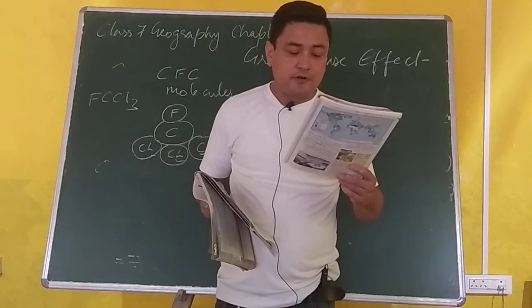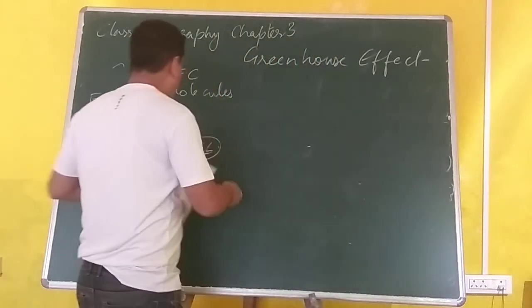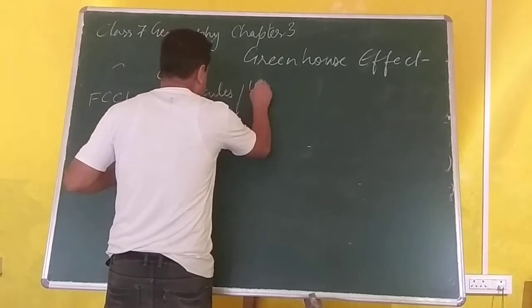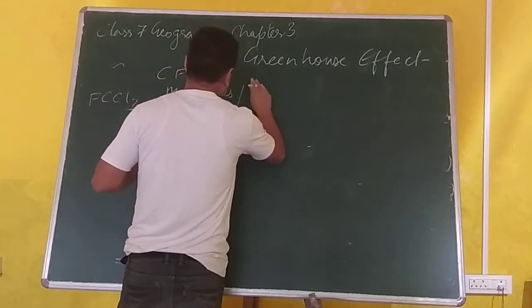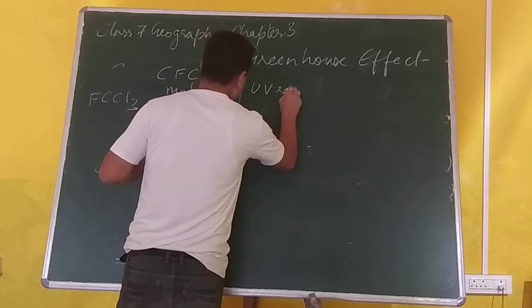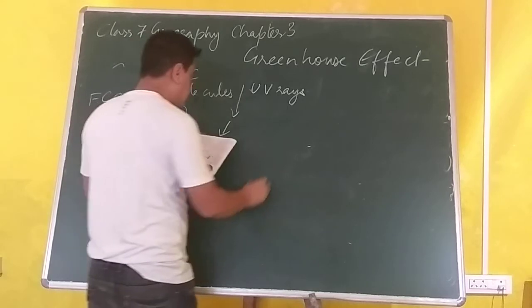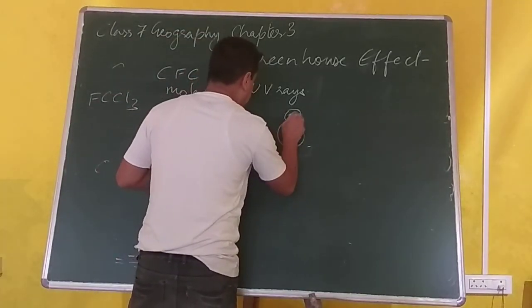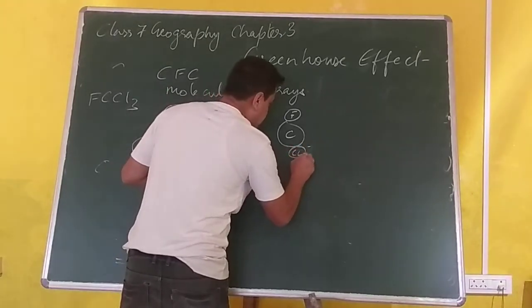The ultraviolet rays break it down and release a chlorine atom. So when the UV rays basically break the chlorine atom, this chlorine atom is basically, so I write FC, then Cl.